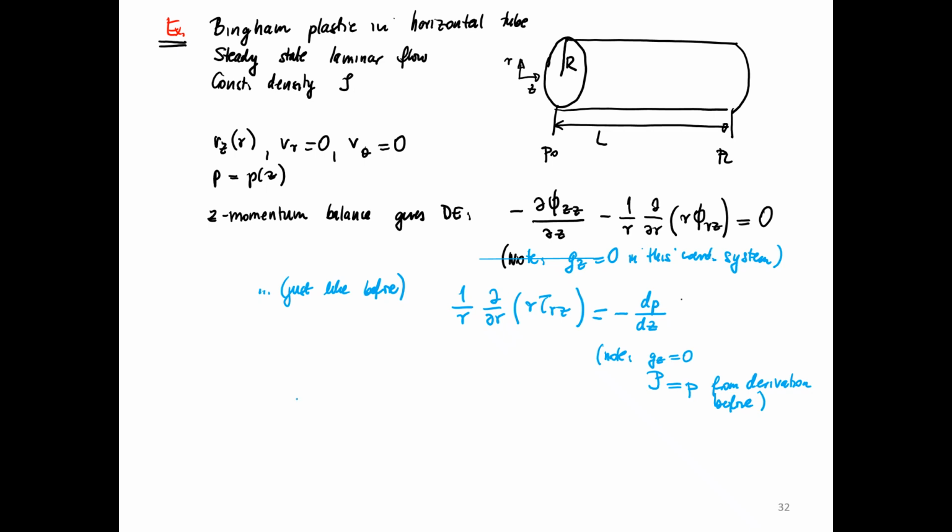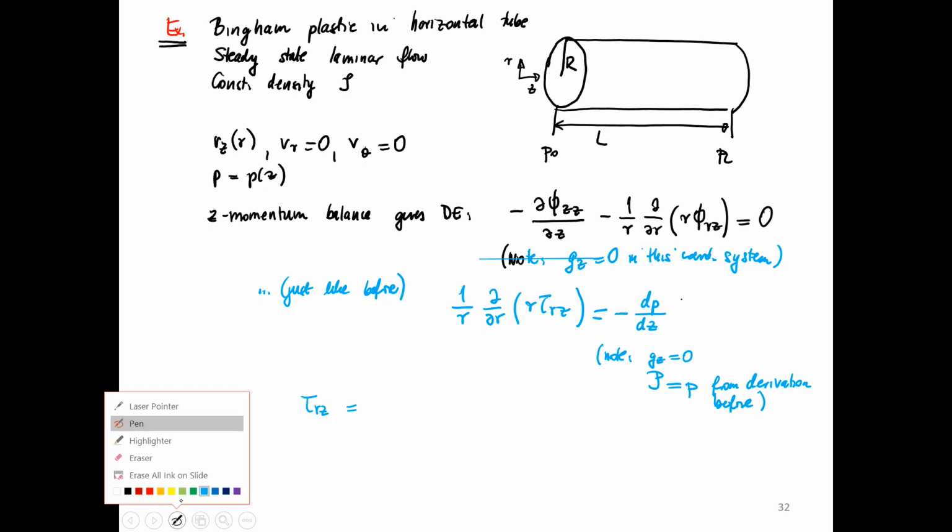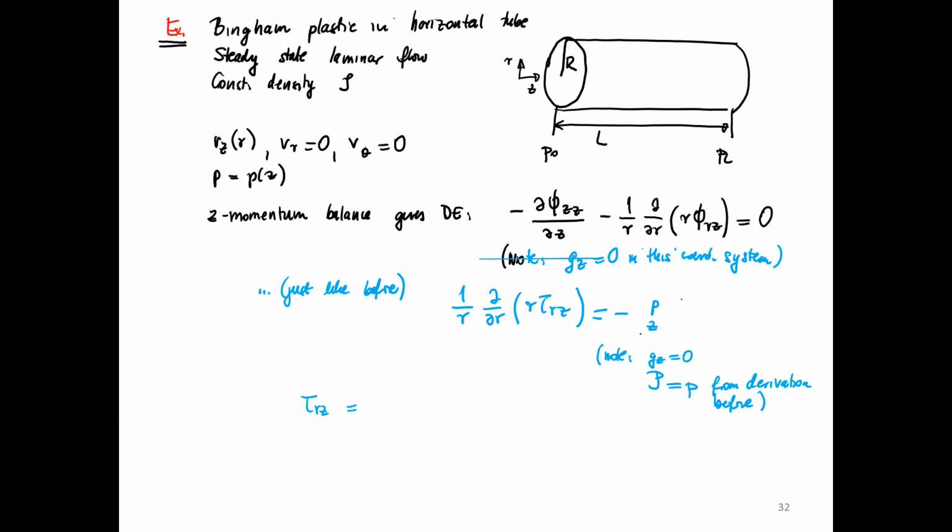So my tau RZ is, and now I could basically write dPdZ as PL minus P0 divided by L. Quite frankly, dPdZ is simply shorter to write. So I'm just going to use dPdZ. Okay? So I'm going to put this note here.